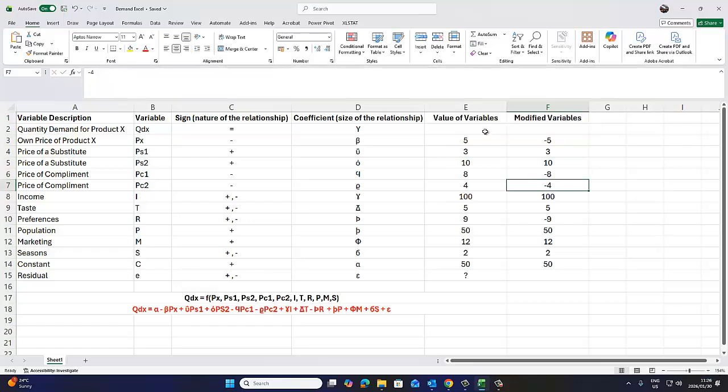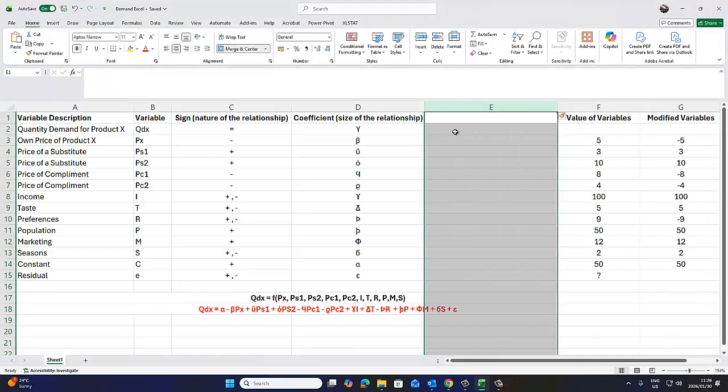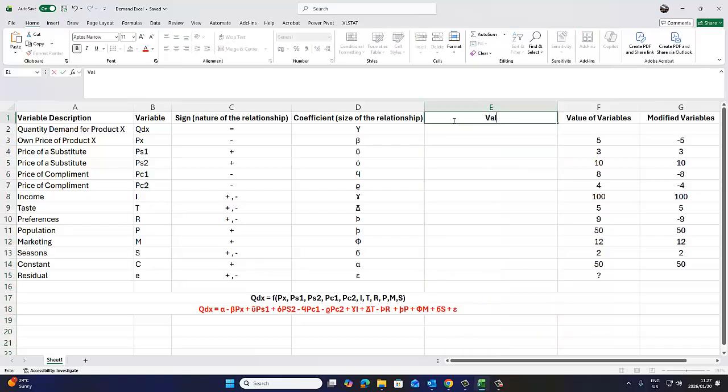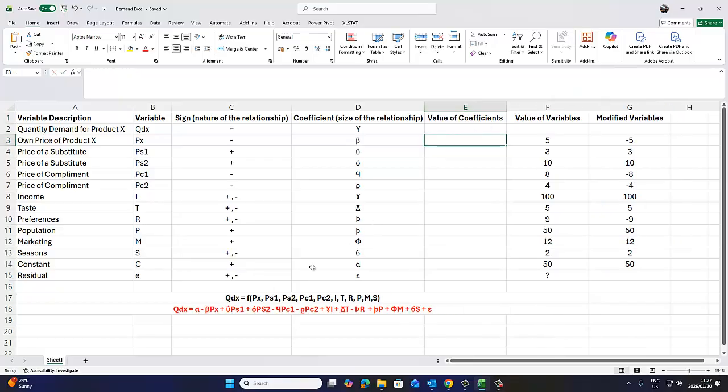What we now still need to do is the value of the coefficients. Meaning those values, the beta, and this and this and this. That's normally also derived.